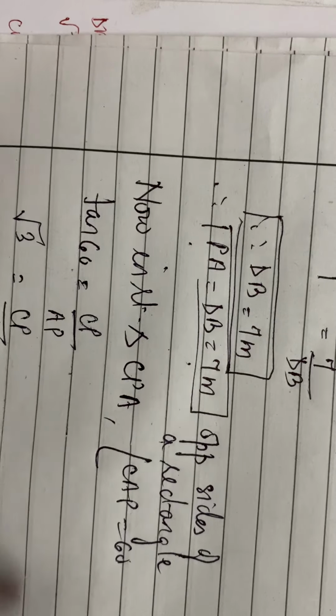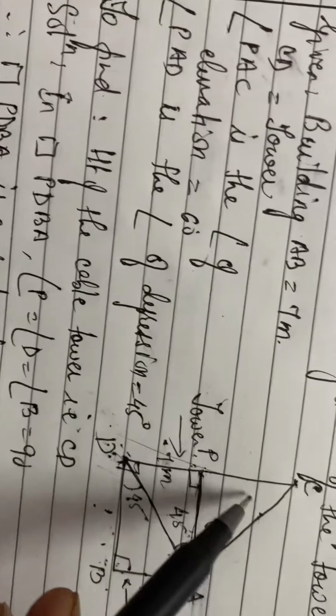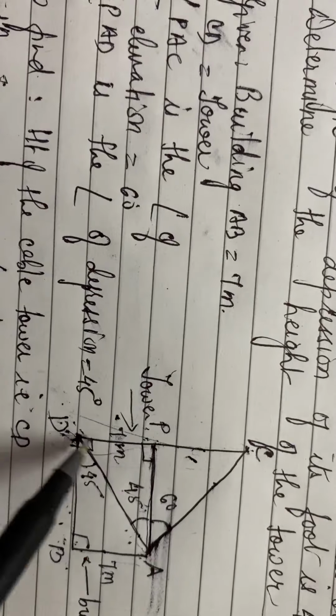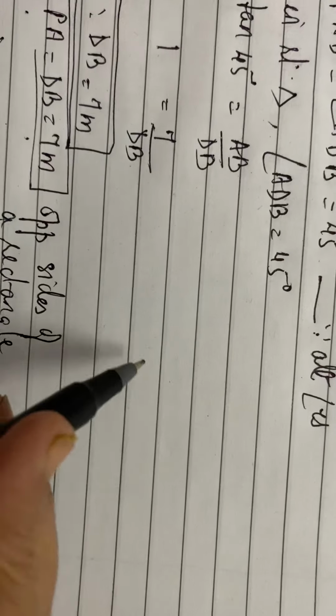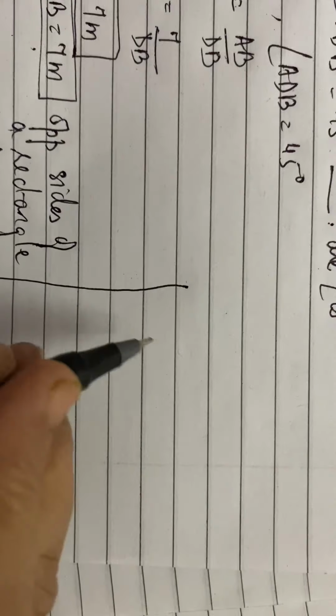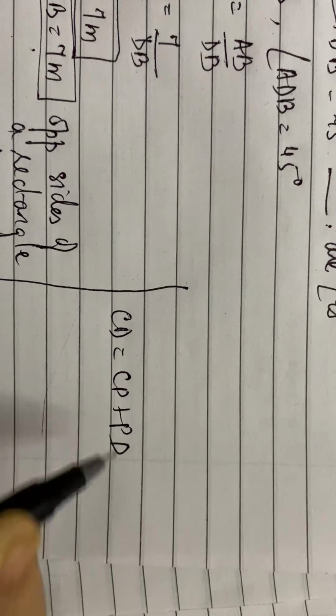What do we have to find out? We have to find out length CD. So this CD is made up of CP plus PD. So we write now, CD is equal to CP plus PD.